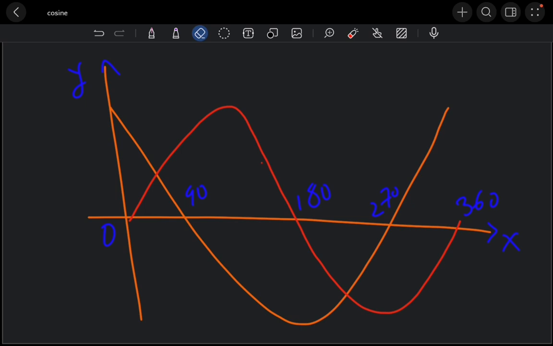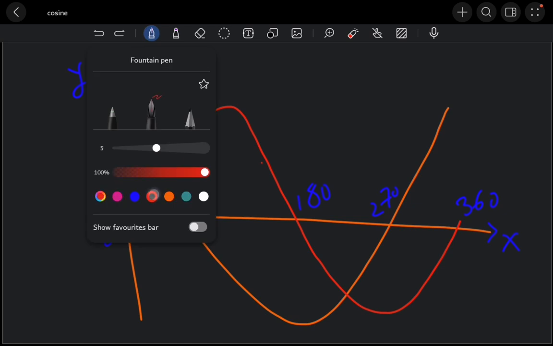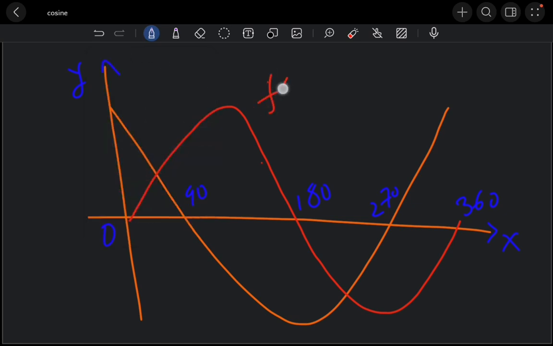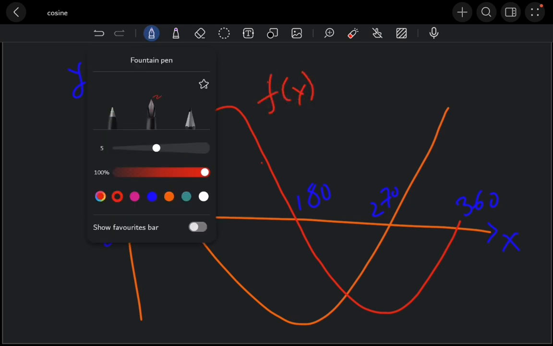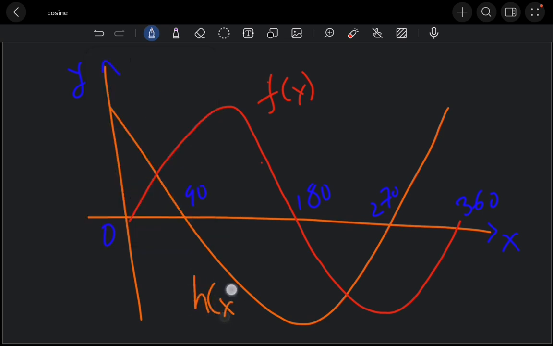So, if they ask you about the points, let's call this sine function f of x. Let me change this to red. And then this is h of x.